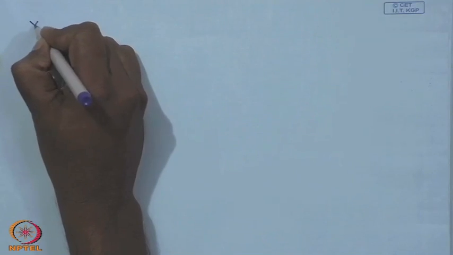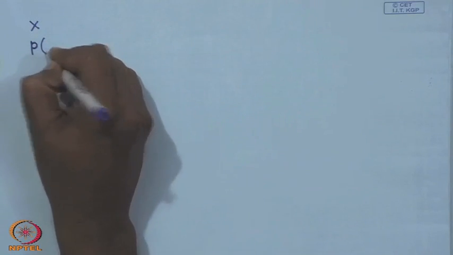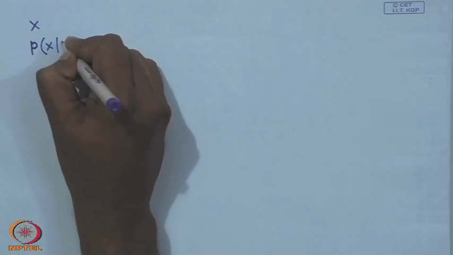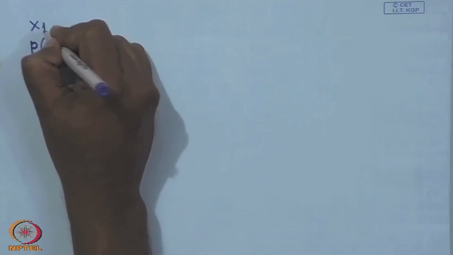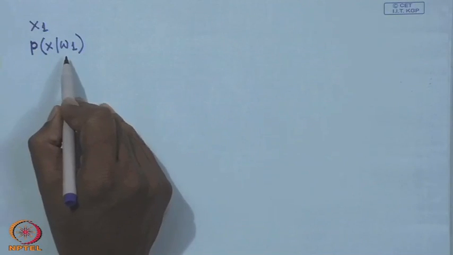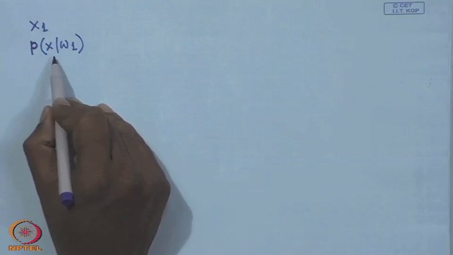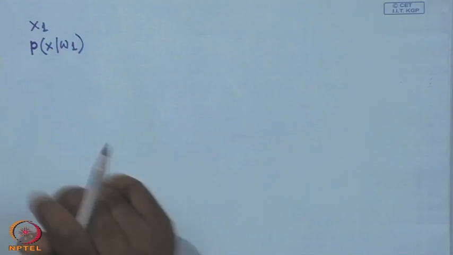In other words, we have this unknown feature vector x 1, and I have the class conditional probability density function p of x given omega 1, that is, the probability density function of the samples which belong to class omega 1.